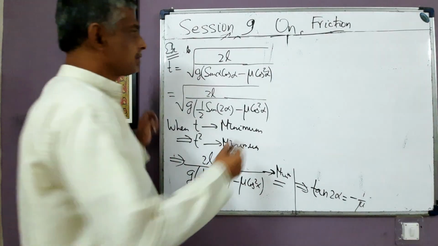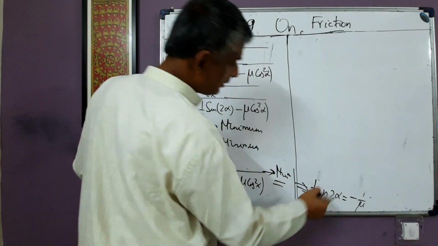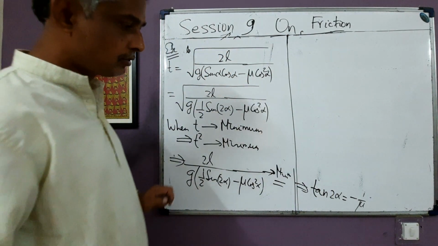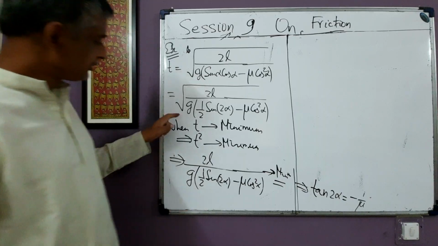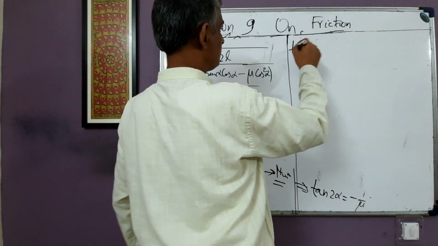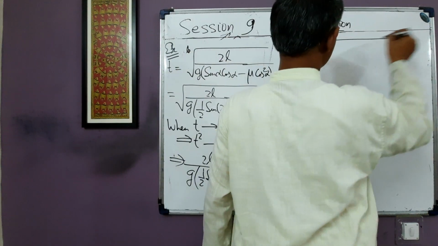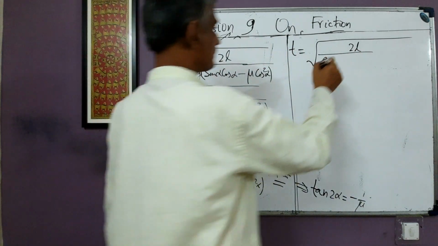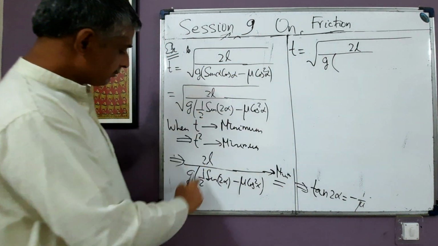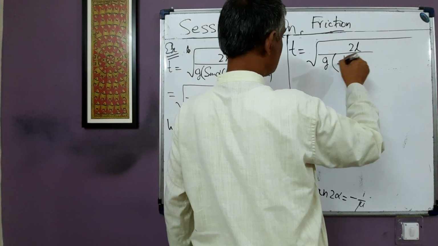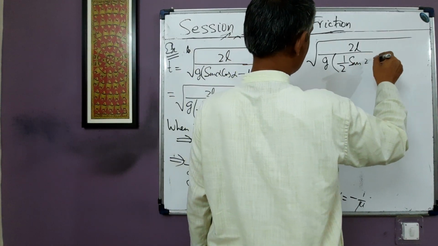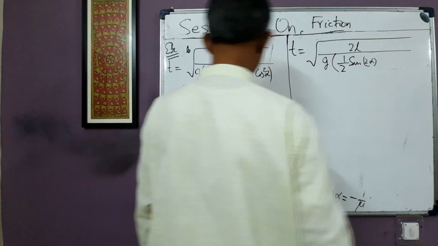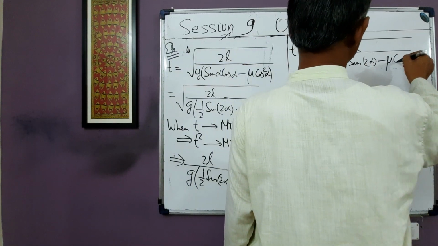In the second part of the question, we have been asked to find the value of t minimum, the minimum time. Now the expression for t is this: root under 2l by g, sin alpha cos alpha is simply half sin 2 alpha, minus mu cos square alpha.